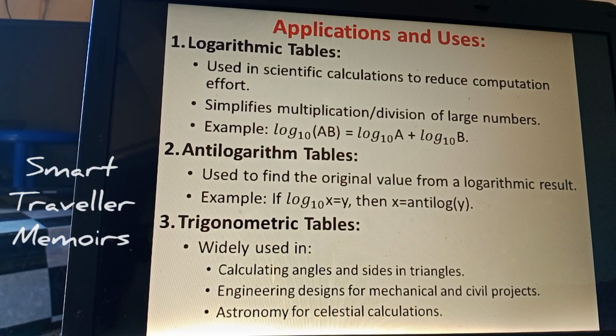For example, if the logarithm of x to base 10 is y, then x is equal to the antilog of y. Trigonometric tables are widely used in calculating angles and sides in triangles, engineering designs for mechanical and civil projects, and astronomy for celestial calculations.